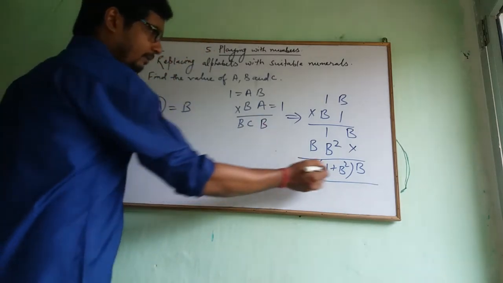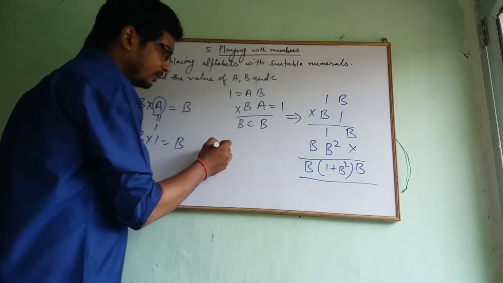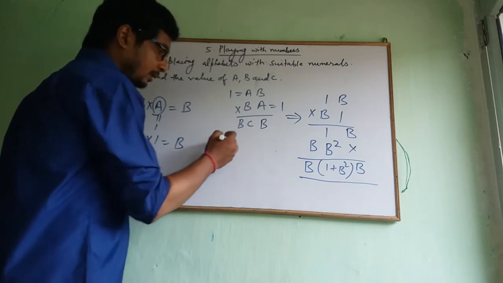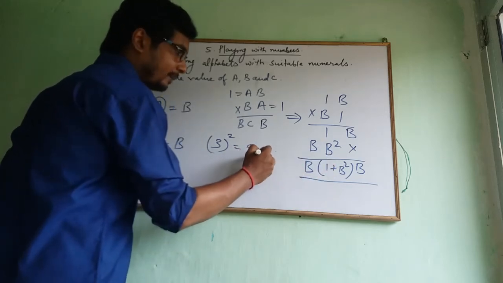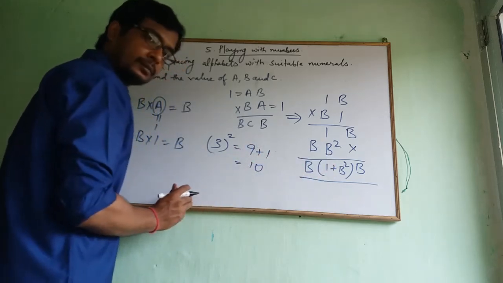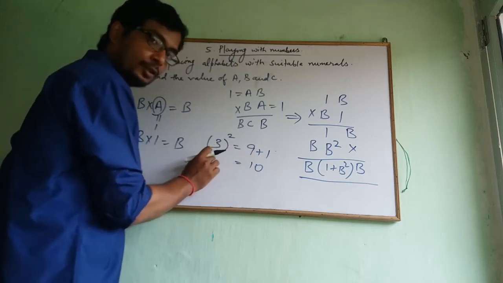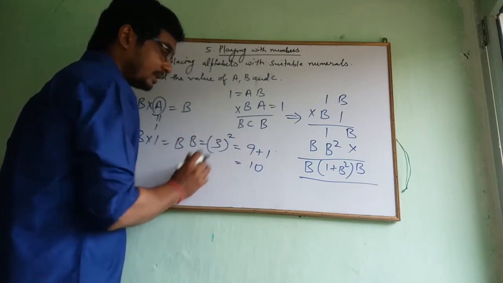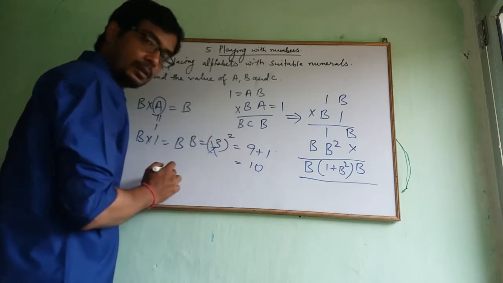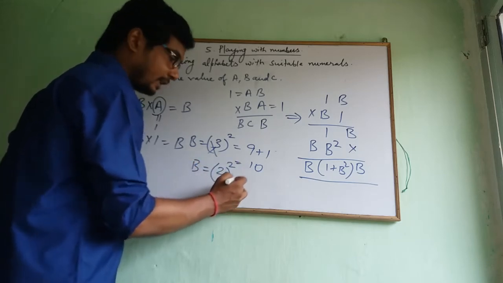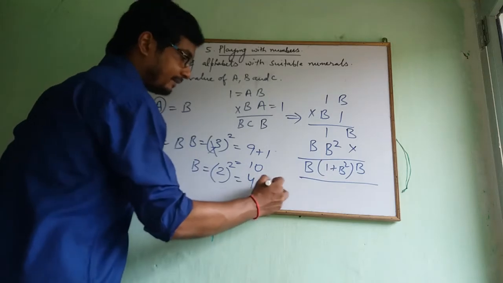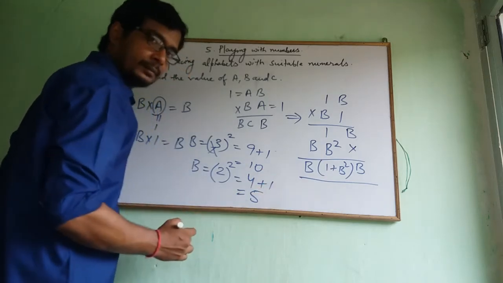Now if in place of b square I put the value 3, so 3 square will be what? 9. When 9 is added with 1, it becomes 10. So I will not be able to put the value of b equal to 3. This is wrong. Now if I put the value of b as 2, so 2 square becomes 4. When 4 is added with 1, it becomes 5.